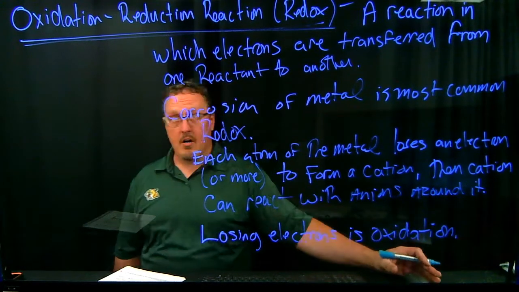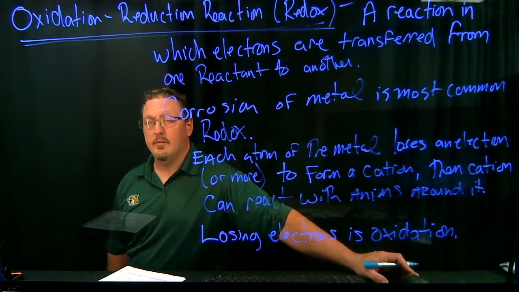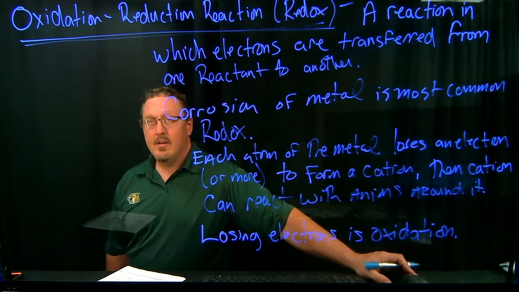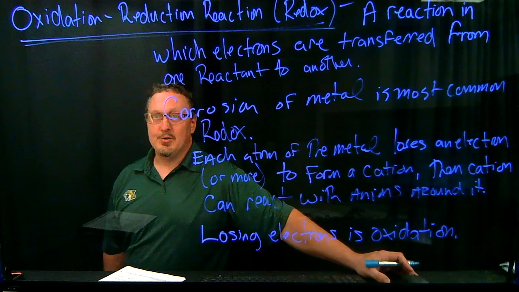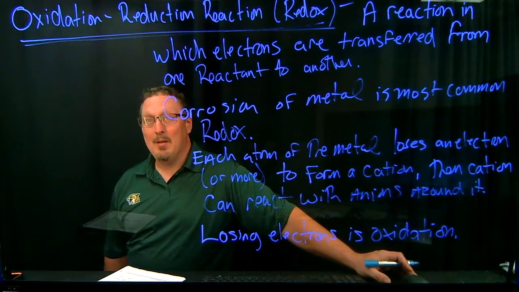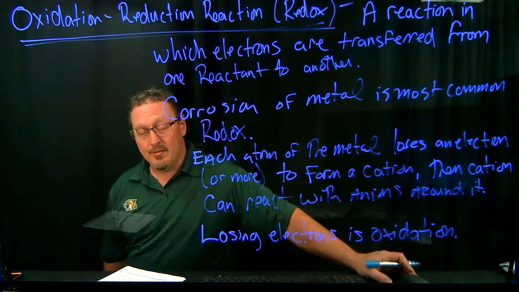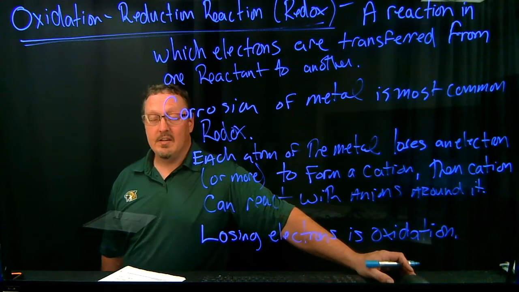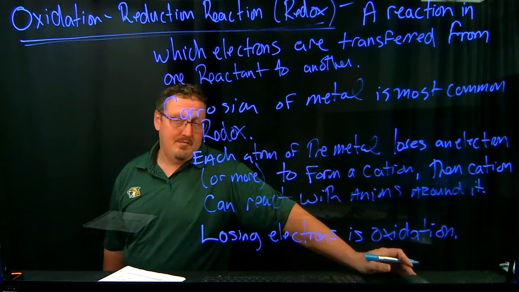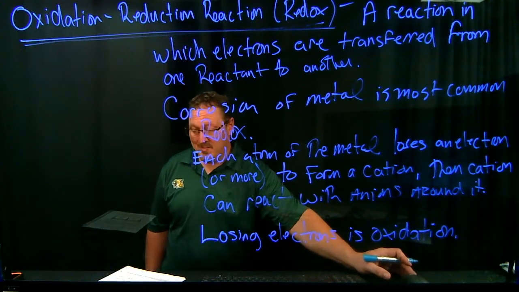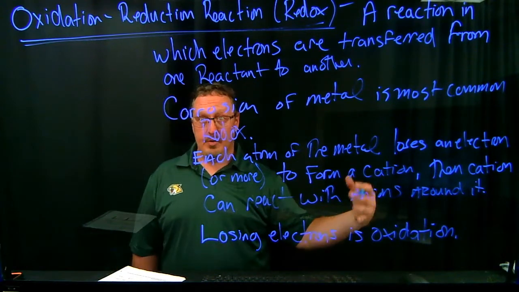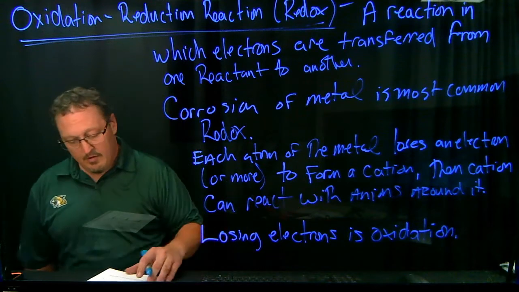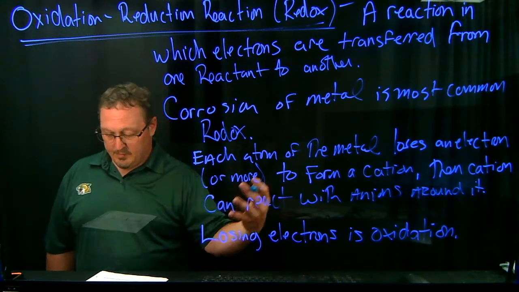So when your car starts rusting and turning into a rusty heap, which is happening to mine again, unfortunately, that brown color is what's left of iron. That is iron losing electrons and turning into iron(II) oxide, and so that's an oxidation reaction.